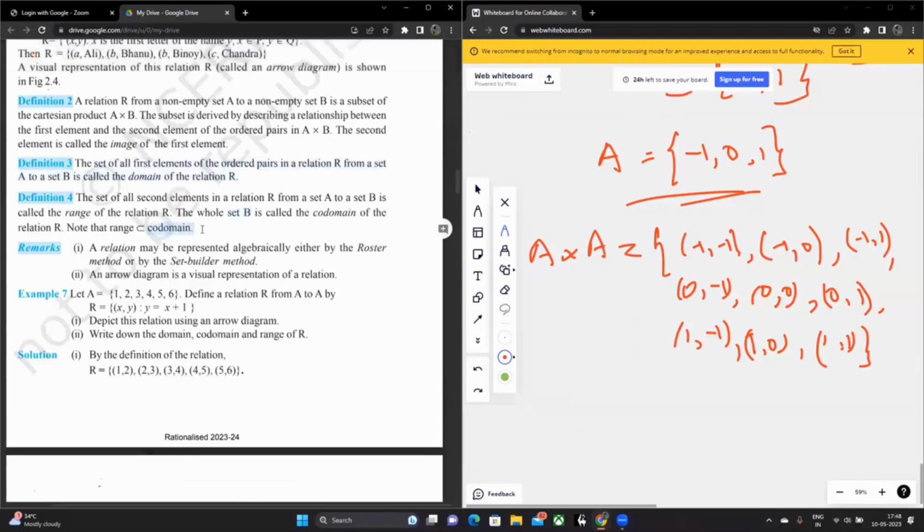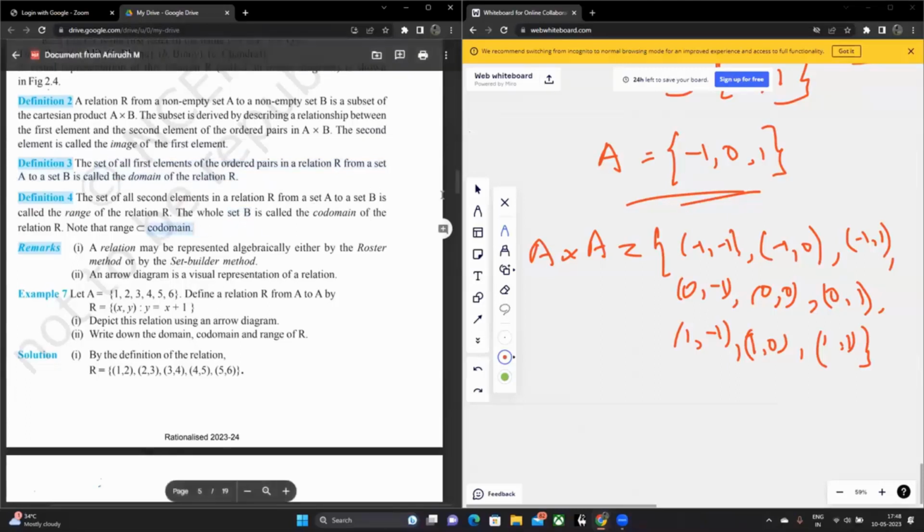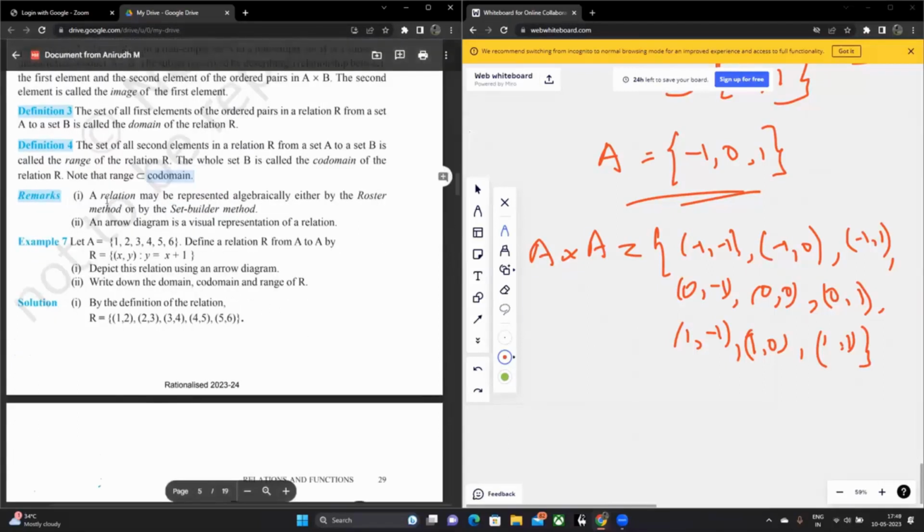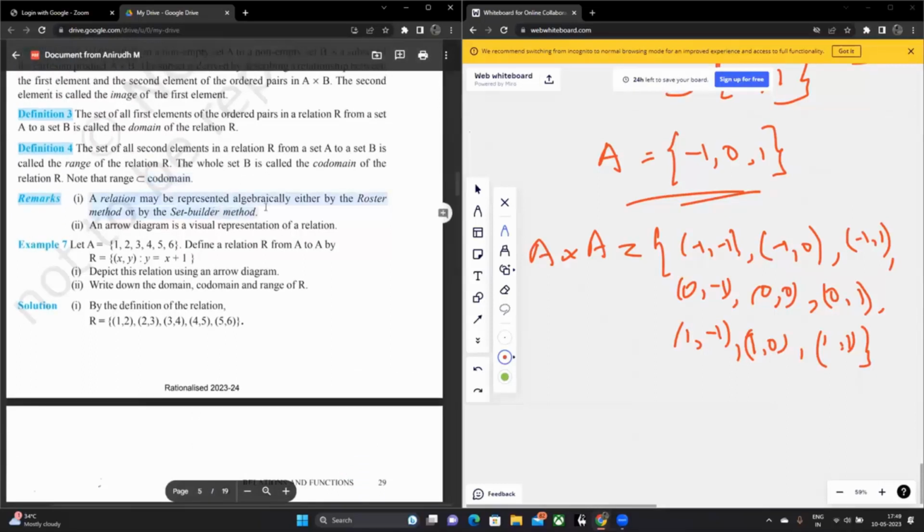The codomain as such does not really matter. It is the whole set B, which need not be used in a relation. We're not dealing with functions, right? But this codomain is a necessary term, which you'll see later. You have two ways to denote a relation. That's basically by the roster or the set builder method, and it's visually represented by an arrow diagram, right?